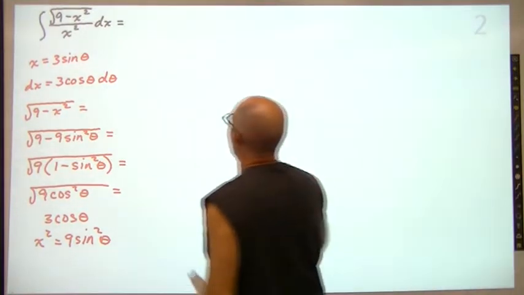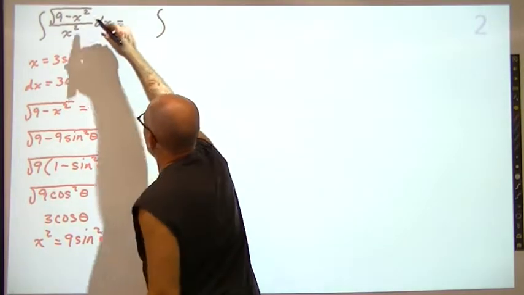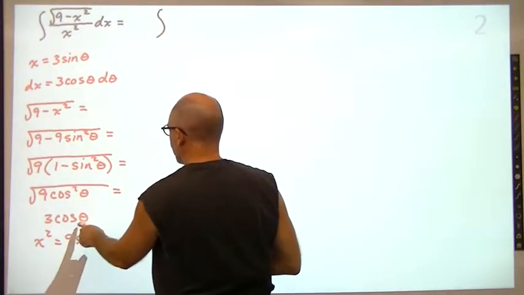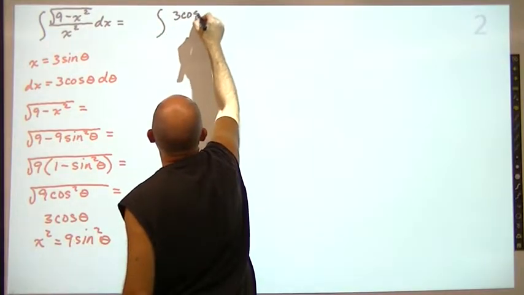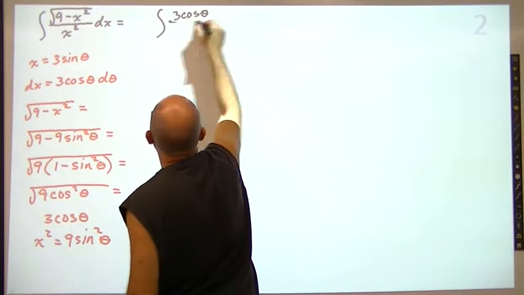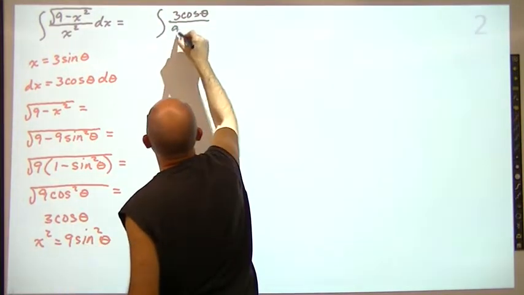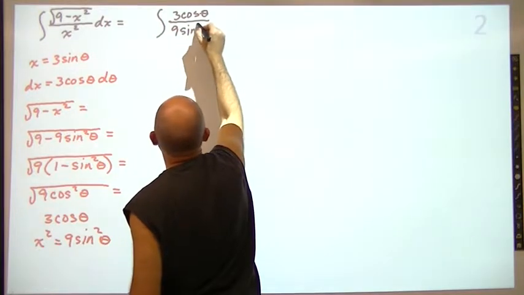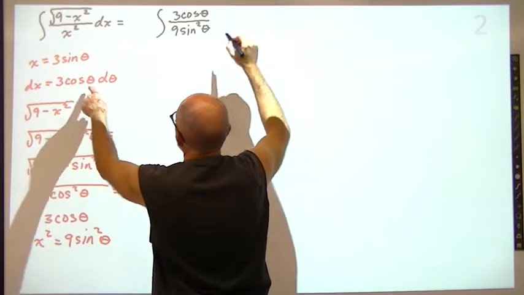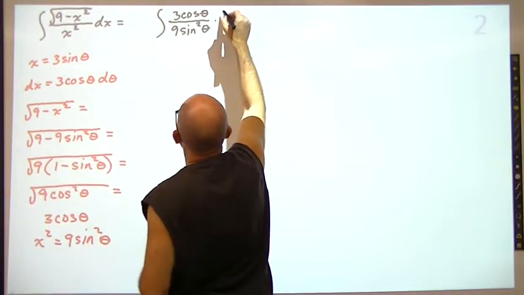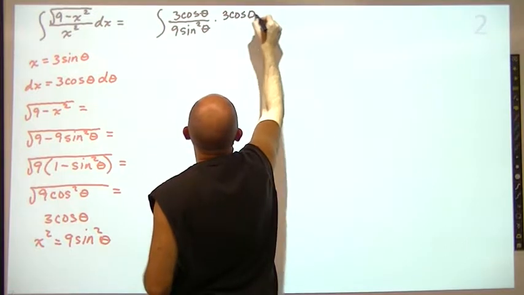So I have the integral of the square root, well, the radical turns out to be 3 cosine theta, over the x squared, which is 9 sine squared theta, dx, which turns out to equal 3 cosine theta d theta.